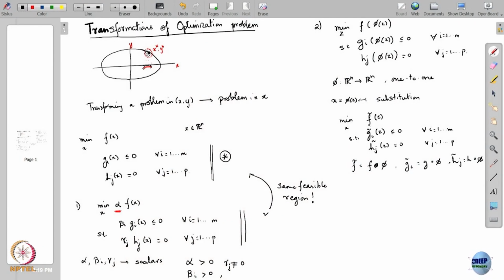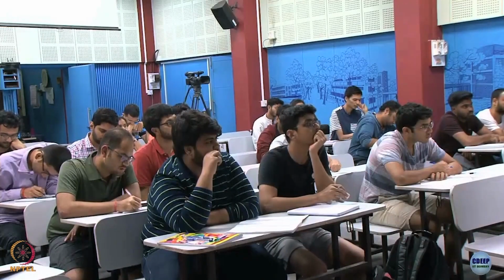But this is one of the tricks to notice: if, for example, you change x to minus x, or do some sort of transformation to change your coordinates or the way x is represented, all of these are one-to-one transformations, right? So they basically give you an equivalent problem.